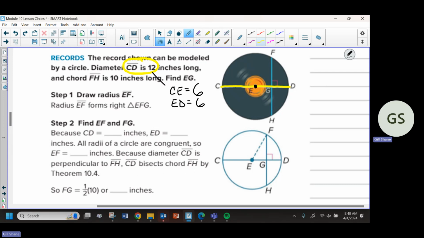Now it says chord FH. So FH is, what's it say? 10 inches long. I'll put the measure, 10 inches.